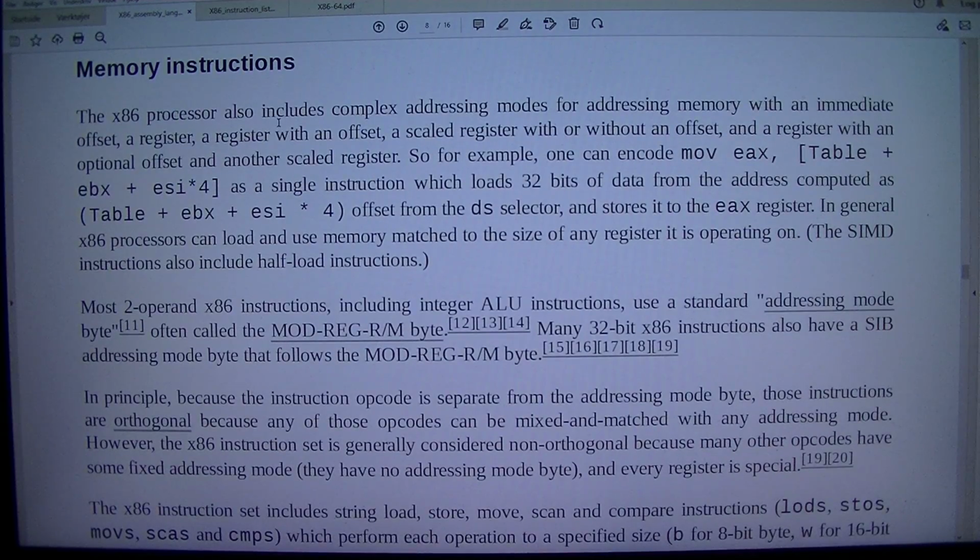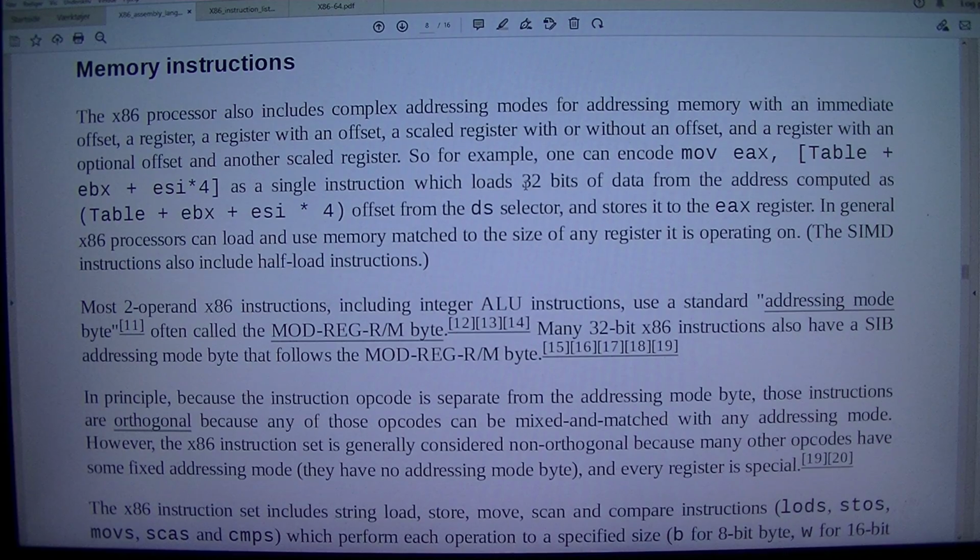The x86 processor also includes complex addressing modes for addressing memory with an immediate offset, a register with an offset, a scaled register with or without an offset, and a register with an optional offset and another scaled register.